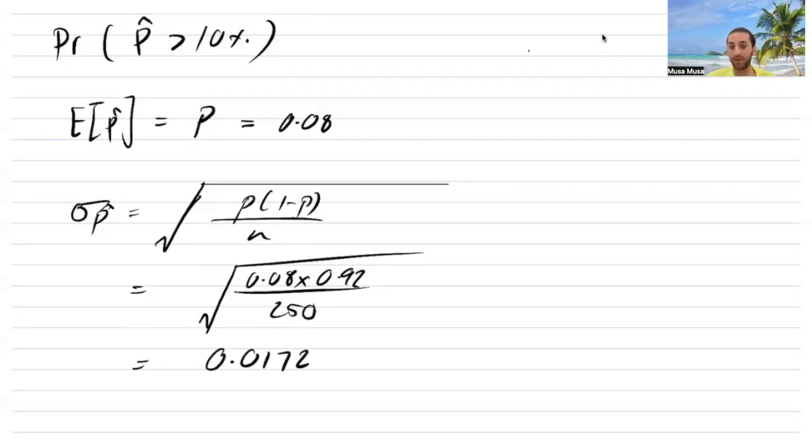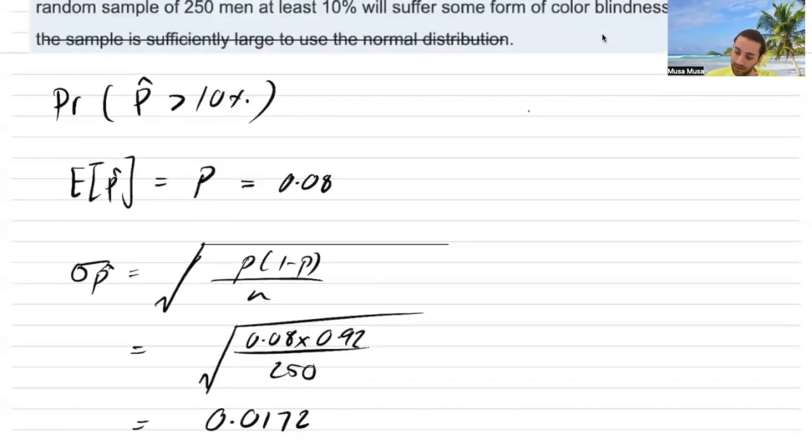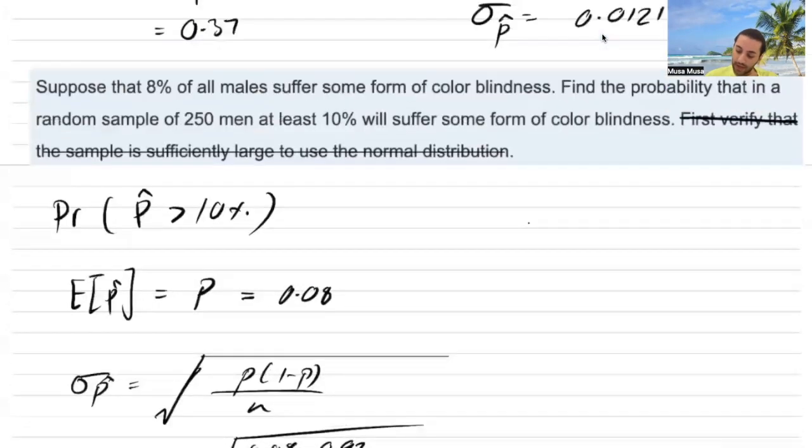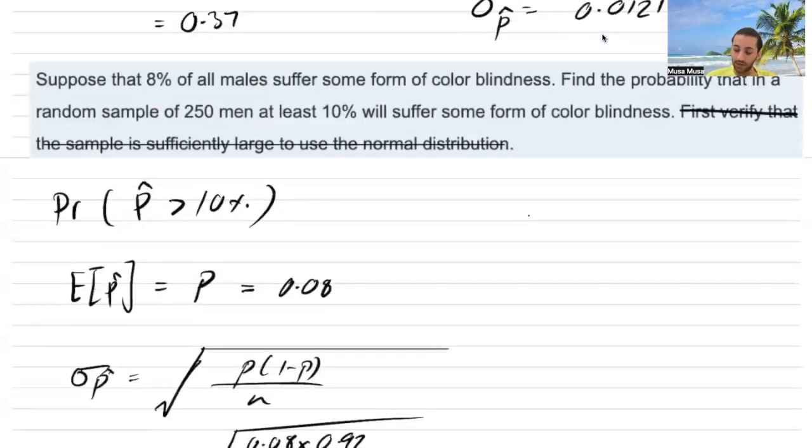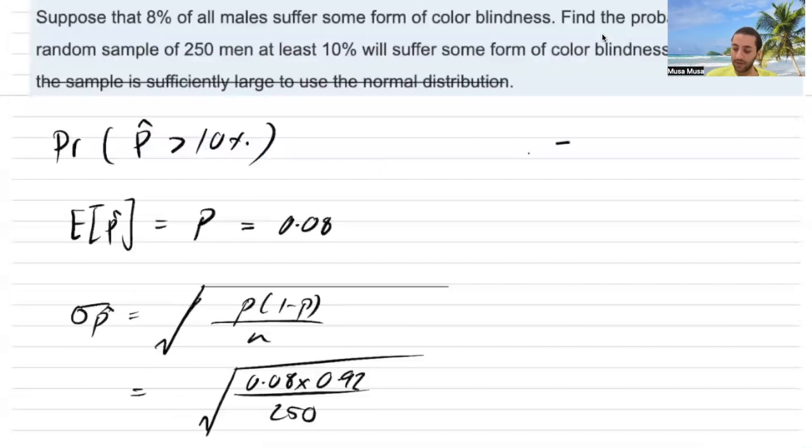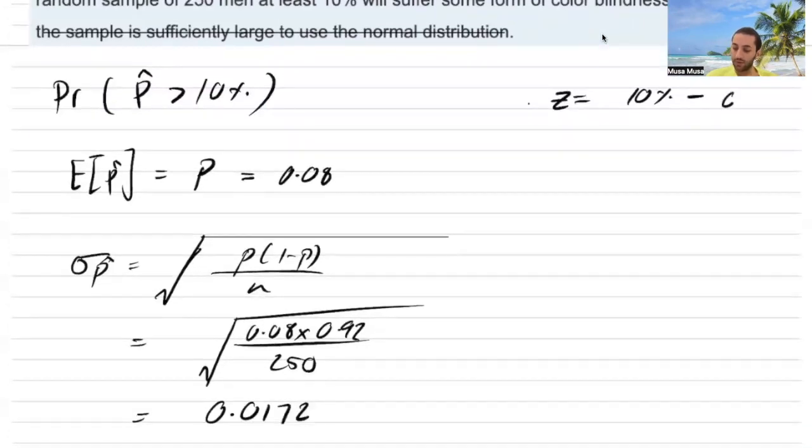I'm not writing out the entire thing, but I am going to be using the entire thing. Now, we have to find the probability that p hat is greater than 10%. Because this is approximately normal, we have to find the z-score for 10%. So we're going to say 10% minus the mean, which is 0.08, over the standard deviation, which is 0.0172.